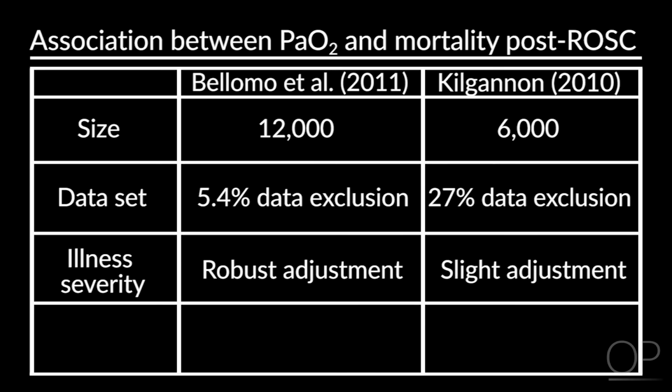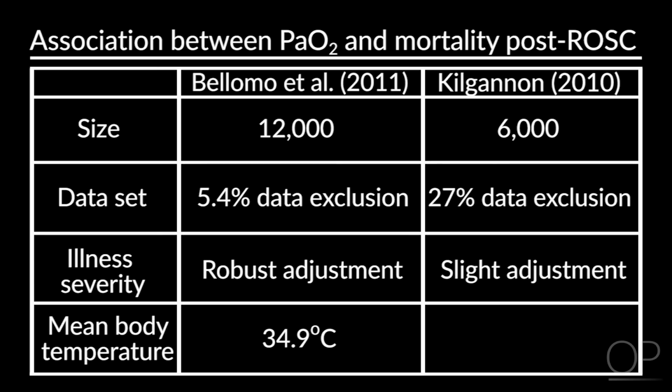Interestingly, however, there was a lower mean body temperature in the Australasian study, the Bellomo study, the mean body temperature being 34.9, as opposed to 36 degrees in the Kilgannon study, which made many people wonder whether there was potentially a greater use of therapeutic hypothermia or temperature targeted management in the Australasian study. So once again, potentially, are we comparing apples and oranges? Are these two studies that were structured, designed, and analyzed in two different ways?